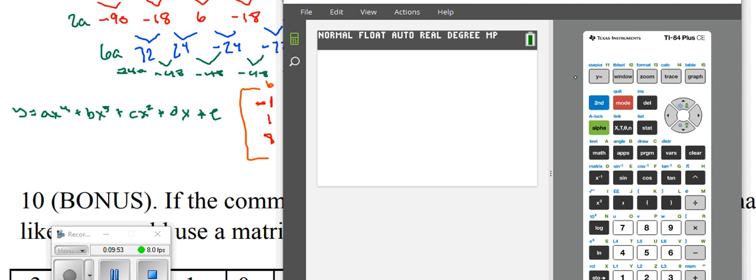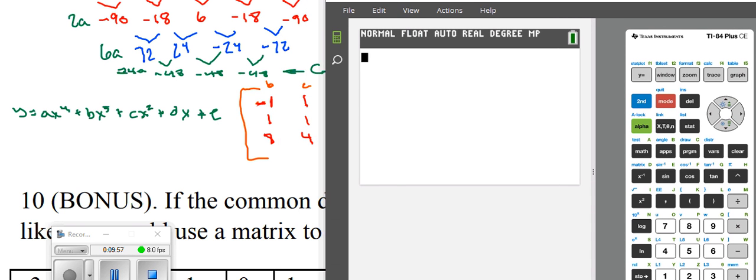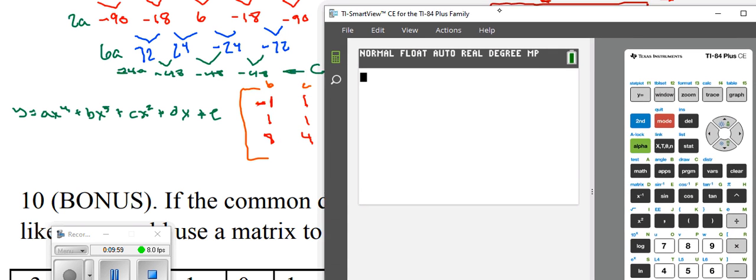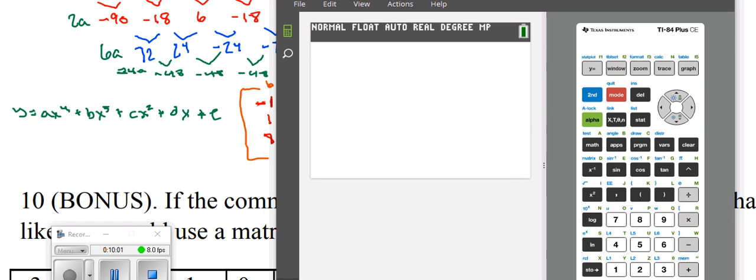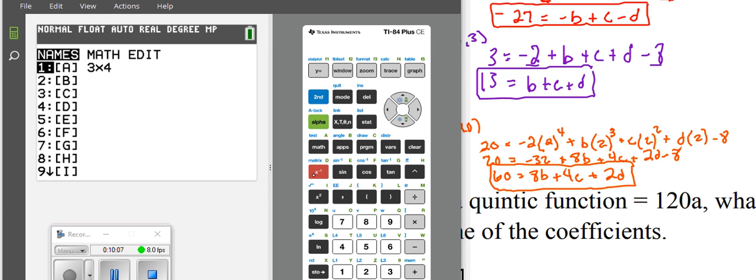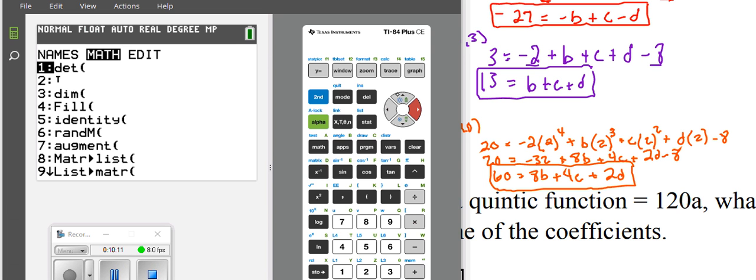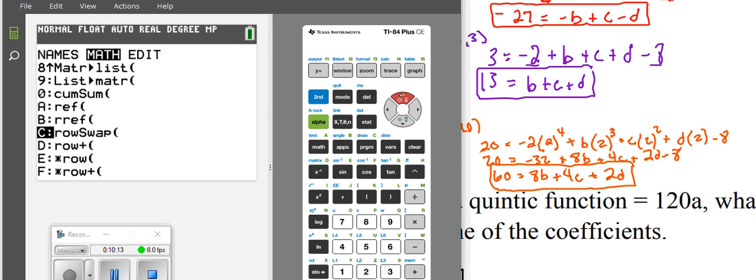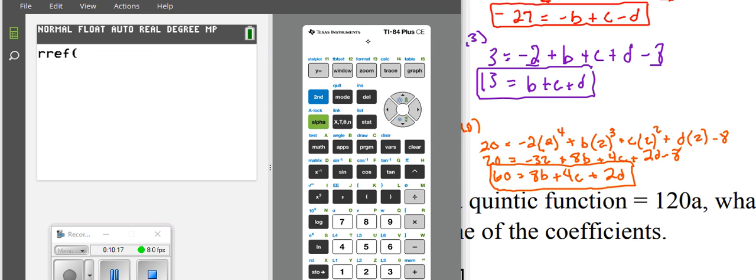All right, let's go back to the calculator and see how quickly we can knock this out. So you'll hit second, and then the little x to the -1 button that says matrix above it, because we want to use a matrix. We're going to go to Math and go up to RREF, Row Reduced Echelon Form, and hit Enter.